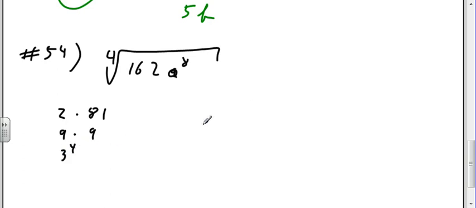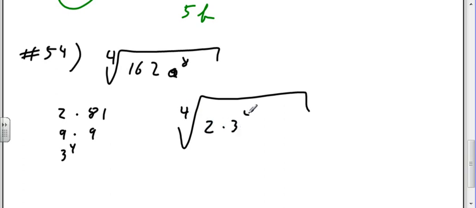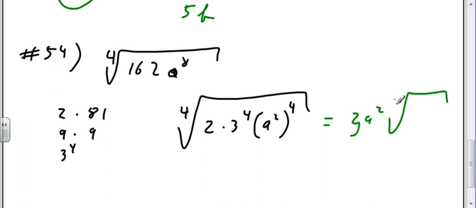Okay, so I got the fourth root of 2 times 3 to the 4th, a squared to the 4th. And now I can write down my final answer, 3a squared, fourth root of 2.